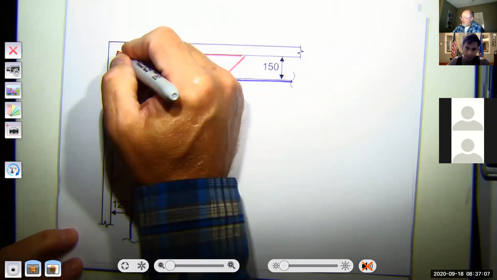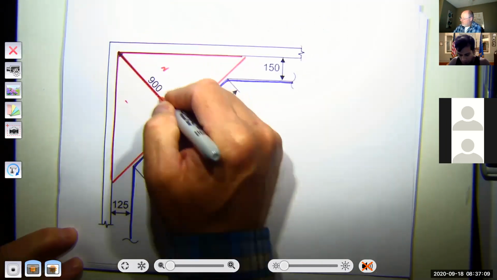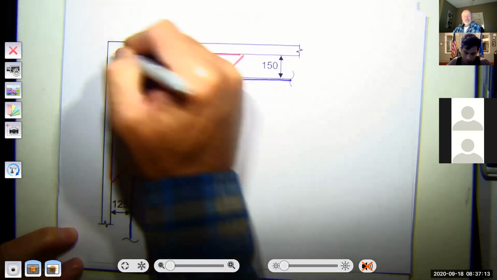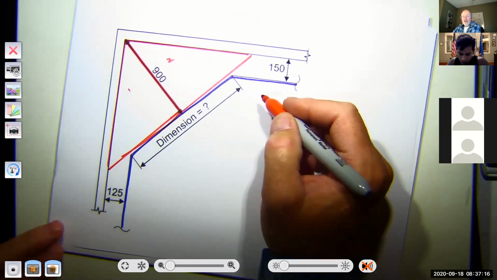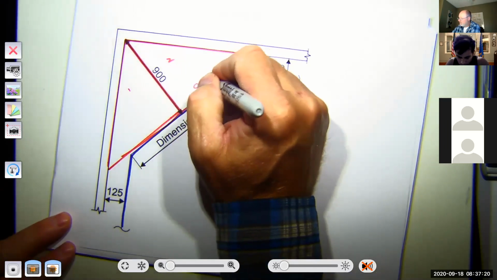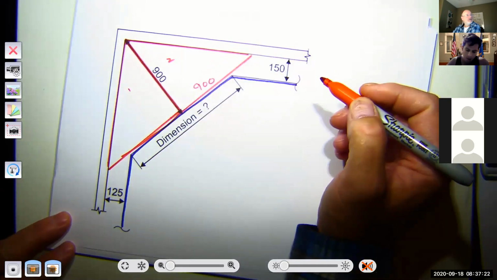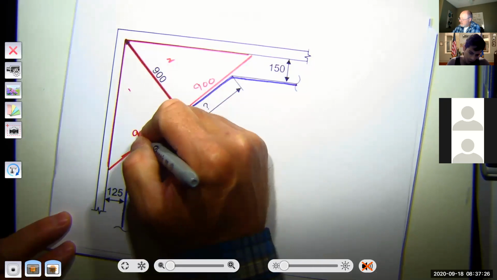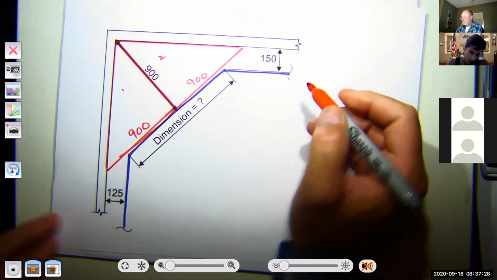Now this rise, or offset, right here, this one that says 900 mils. We know that if this is 900, this has to be 900. And if this is 900, then this has to be 900.